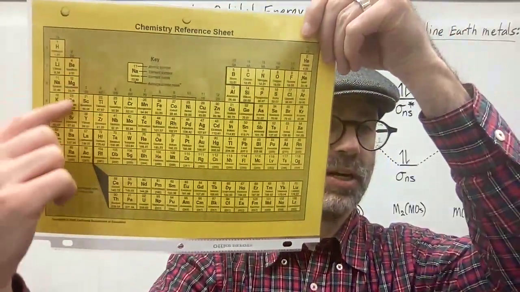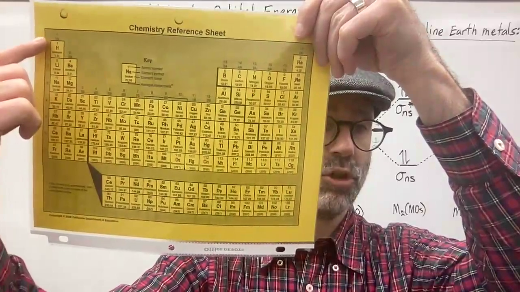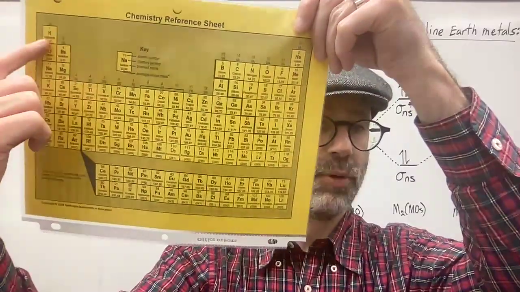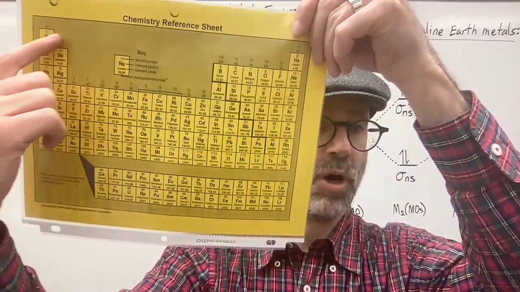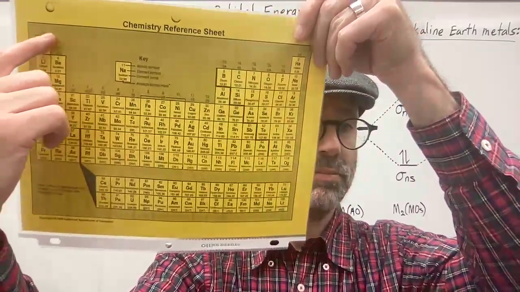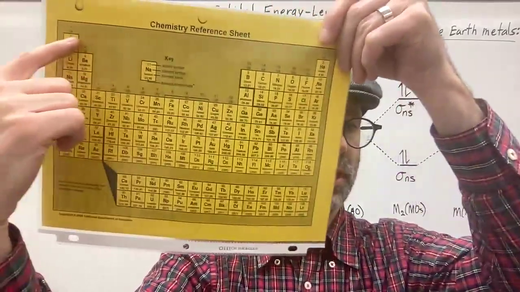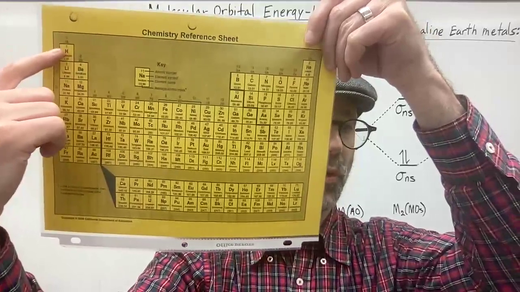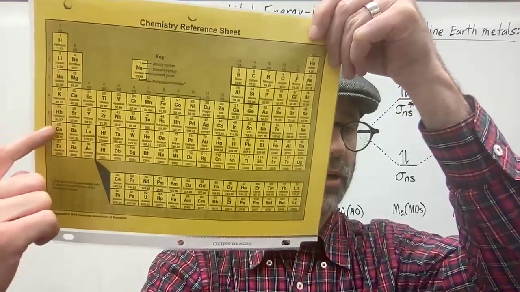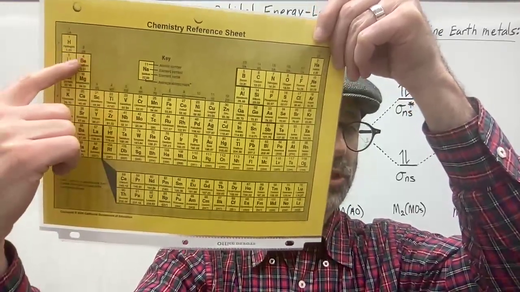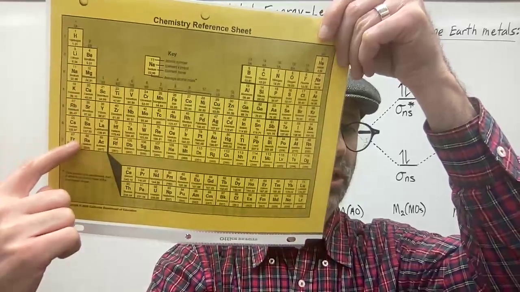We've got group 1, and then we've got group 2. Group 1 here is your alkali metals, and then group 2 here is your alkaline earth metals.